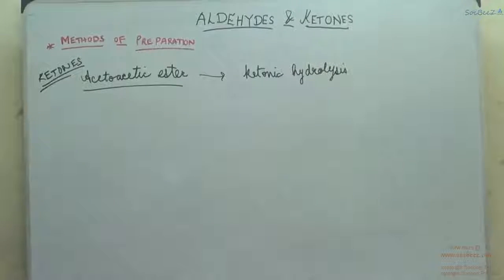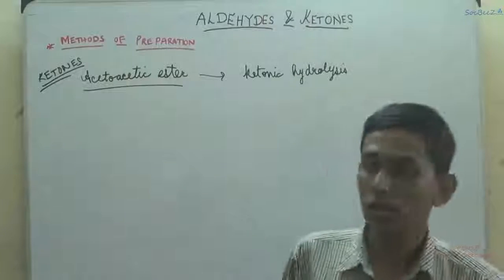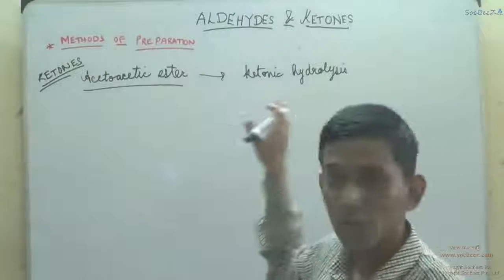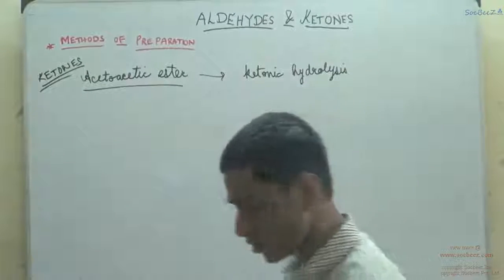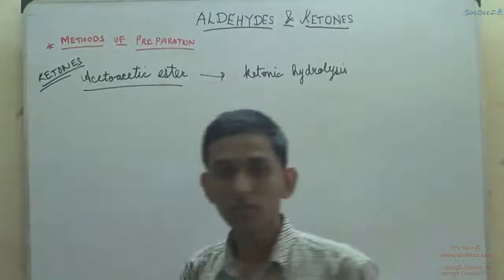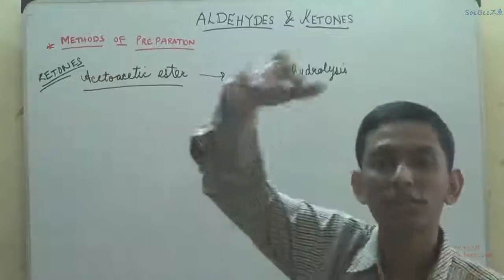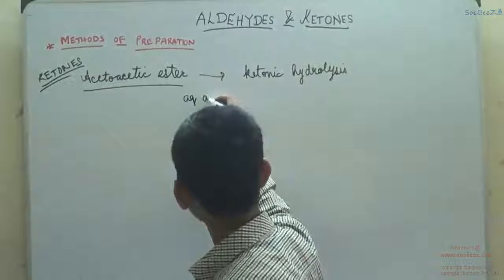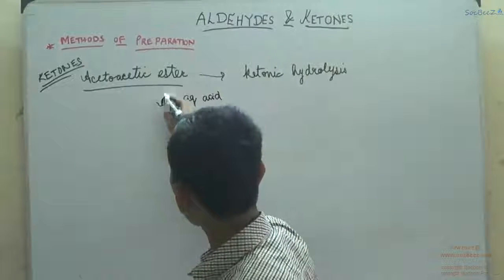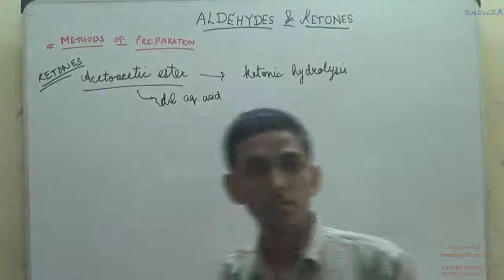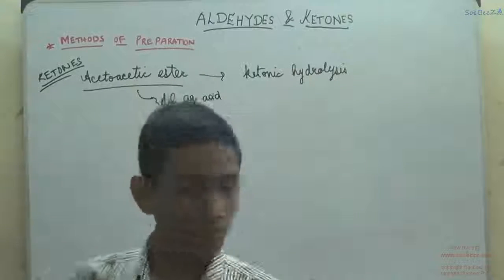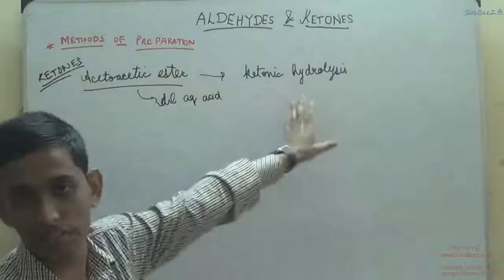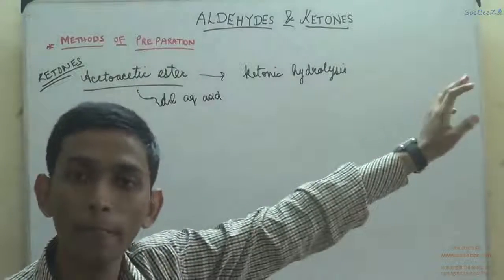You should know that acetoacetic ester will undergo acidic hydrolysis as well as ketonic hydrolysis. From acidic hydrolysis the products will be different, but going by ketonic hydrolysis, let's see what the products are. So hydrolysis of acetoacetic ester or any of its acid derivatives in the presence of dilute aqueous acid, which is the ketonic hydrolysis, will form ketones.